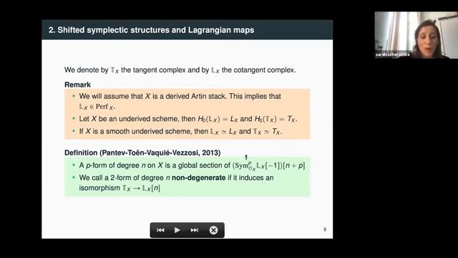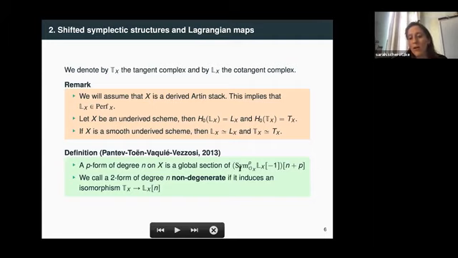Okay, so Pantev, Toën, Vaquié, and Vezzosi in 2013 first extended the definition of what a p-form is, and here, unlike in the normal underived setting, we can talk of p-forms with a degree. So we can define p-forms of degree n on X. These are global sections of a certain algebra of sheaves.